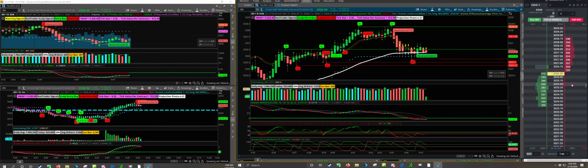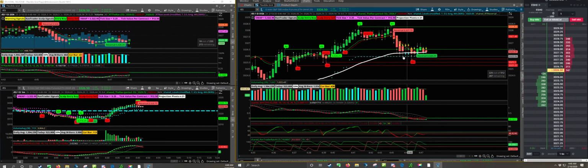So you see how that magenta is acting like a really strong support level.